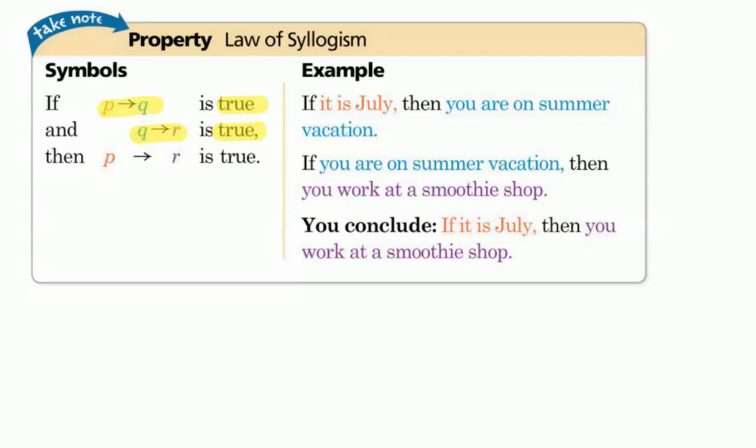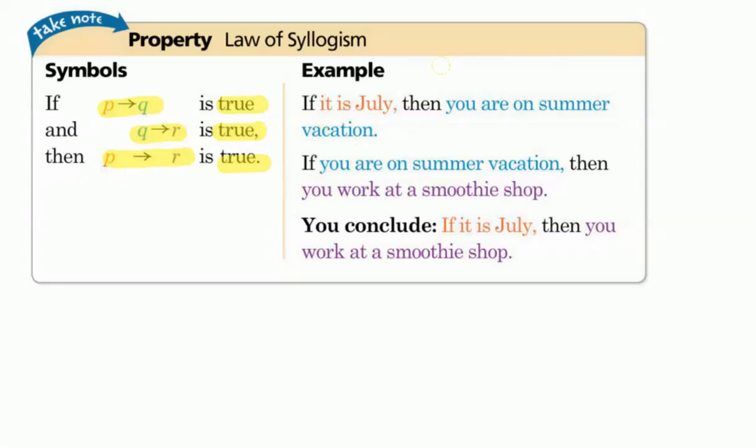If they are both true, then we can kind of jump and connect P with R. And that can happen when we repeat the same Q, which in this case is our conclusion and then the hypothesis of the other statement. And once that happens, then we can connect those. So therefore it will be true.